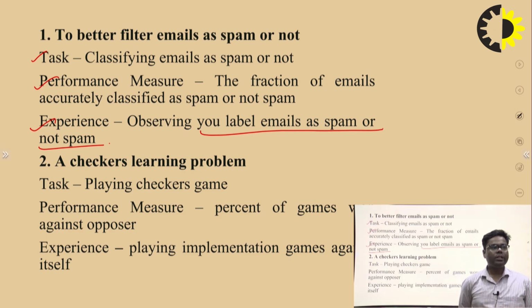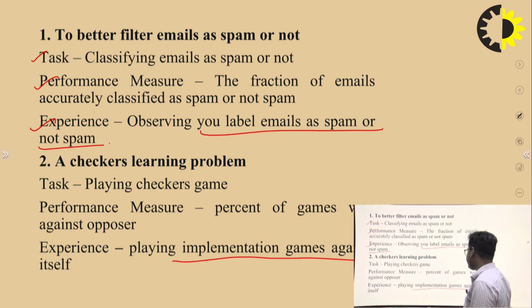A checkers learning problem: the task is playing the checkers game, the performance measure is the percent of games won against opponents, and the experience is playing practice games against itself.